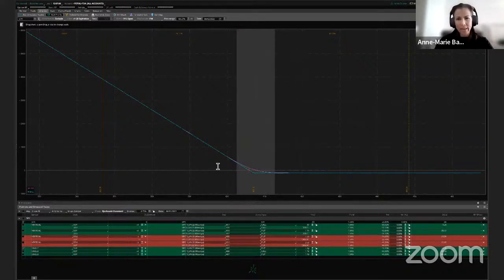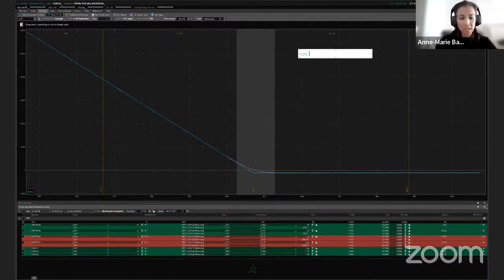What we are looking at is the single SPY 407 put that costs $1.13.